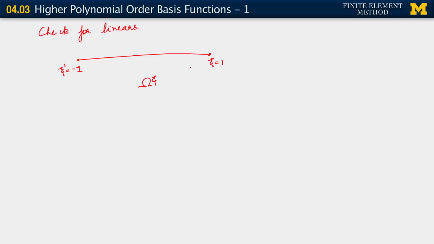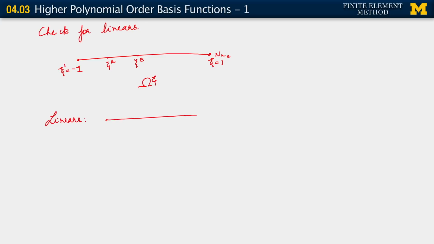This is the point ξ_1. That is the point ξ_NNE. And inside here we may have ξ_A, ξ_B, and those would take on the actual value of ξ at those points. So with this setting, for linears, we have just two of those nodal points.